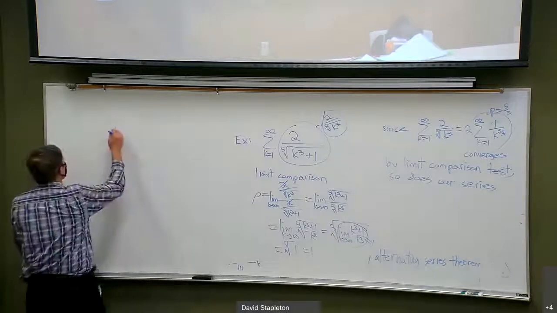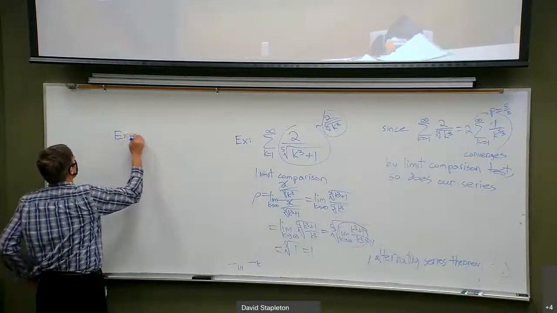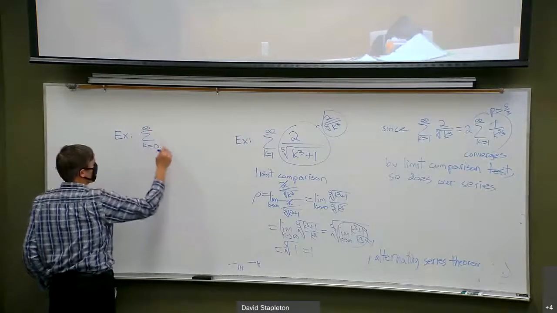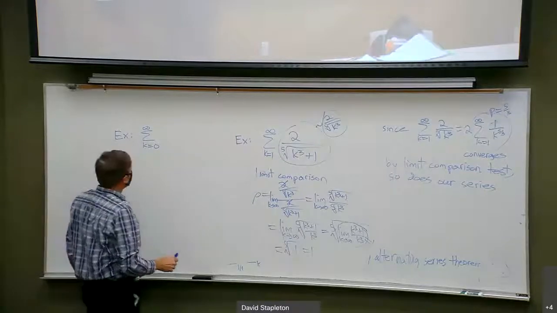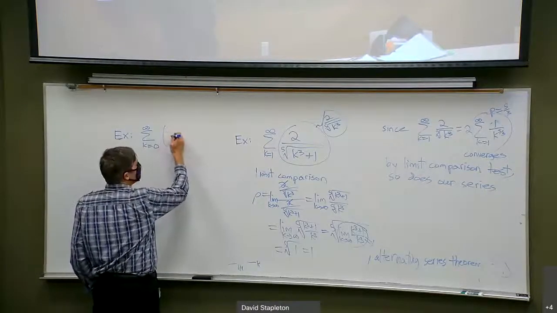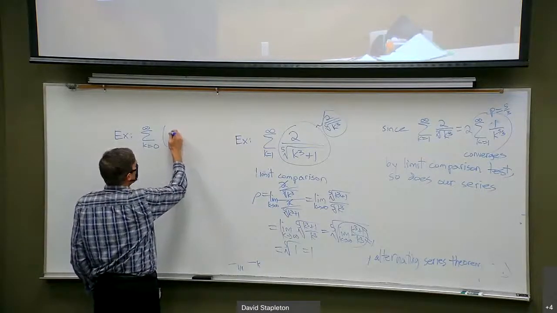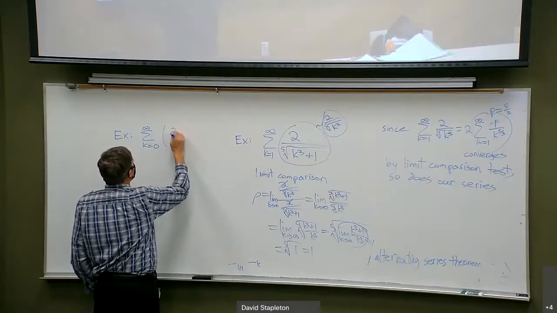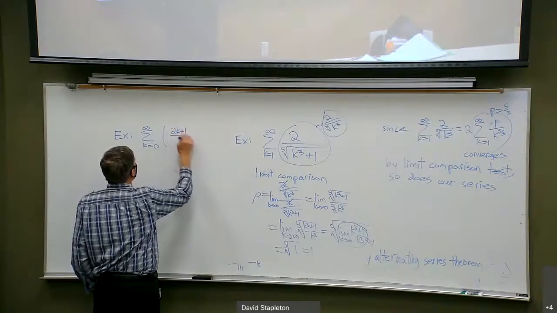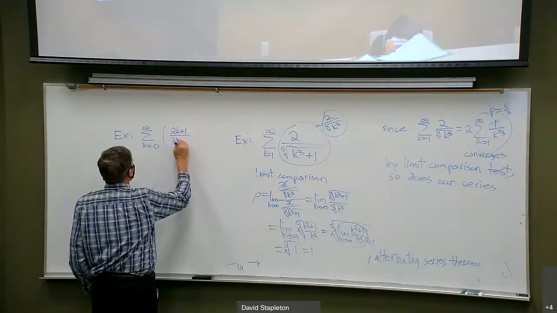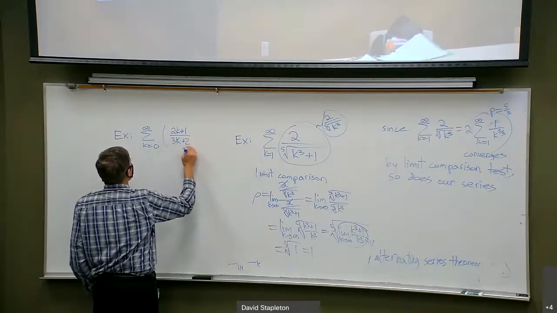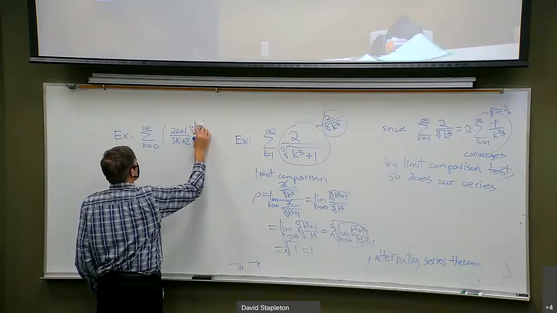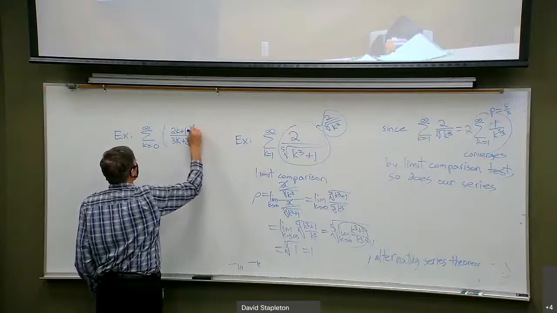Finally, let's do this example. We have the sum k equals 0 to infinity, and put a harder root in here: (2k plus 1 over 3k plus 2) to the kth power.